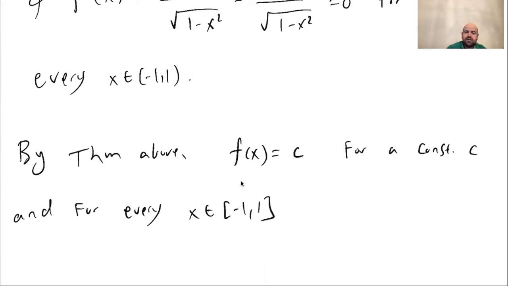So if the conditions of the theorem we just proved hold, meaning that the function is differentiable on the open interval, continuous on the closed interval, and F prime is 0 on the open interval, then F of X must be a constant function, meaning that F of X must be equal to some constant C for every X on the closed interval.